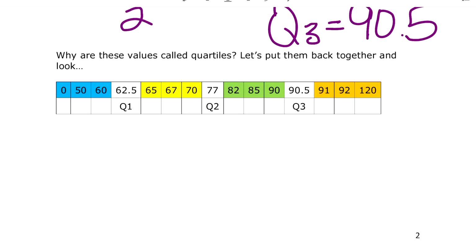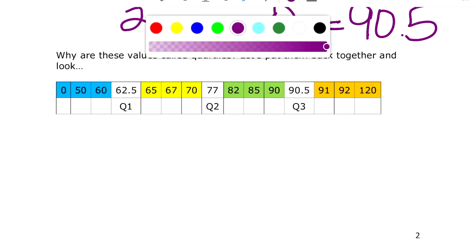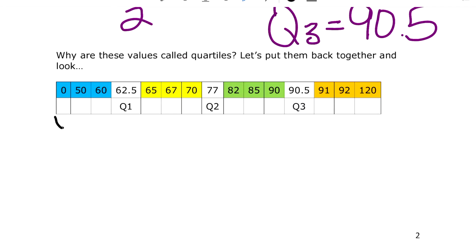So I've relisted all of the data here, and I've color coordinated it so that we can see why they're called quartiles. As you can see, I have 4 colors, and there are 3 numbers in each color. So what I did by finding these quartiles is I've split my data set into 4 sections. So here is the first section. Okay, here's the first quarter.